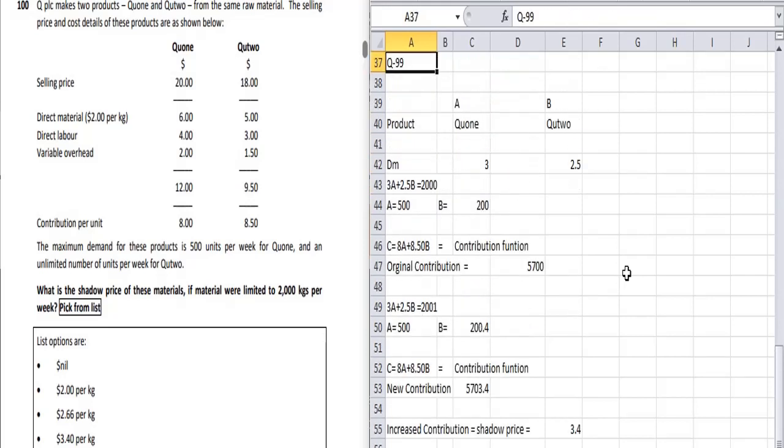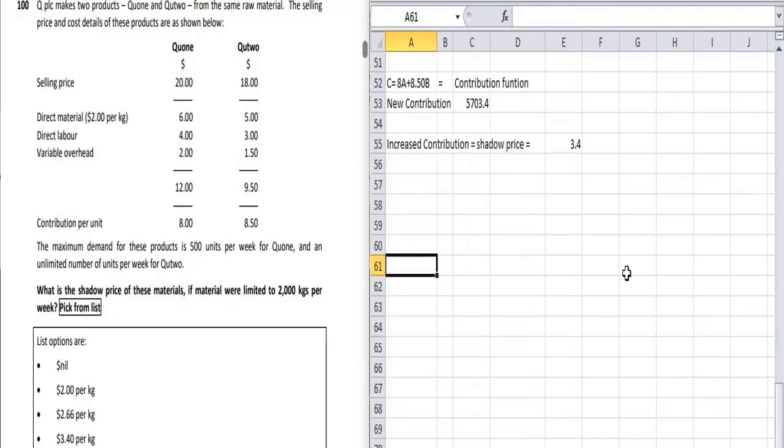First of all, the product is... and the contribution is... The limiting factor is 3, 2.5. So the contribution per limiting factor is this divided by this.